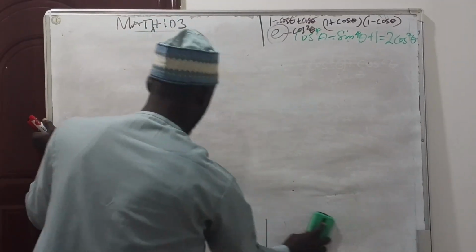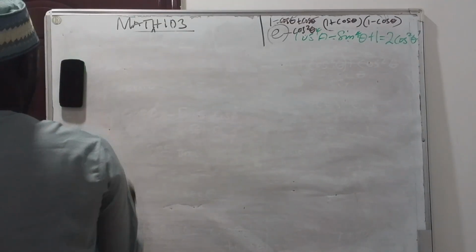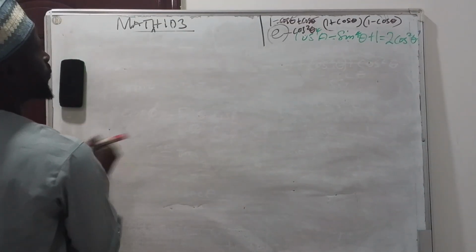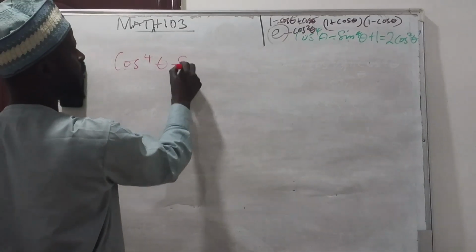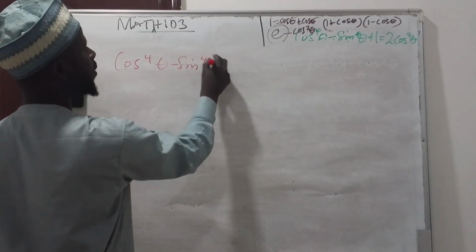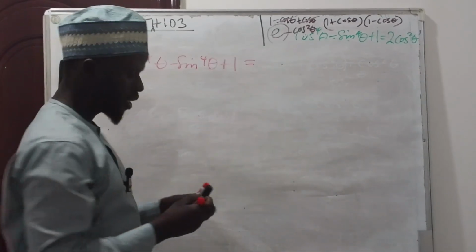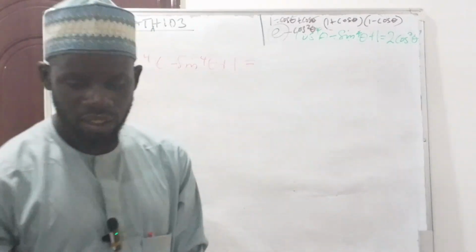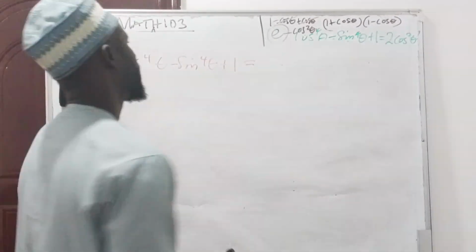To solve problem number E, I have cos power 4 theta minus sin power 4 theta plus 1. I am going to write the left hand side until I achieve the right hand side.